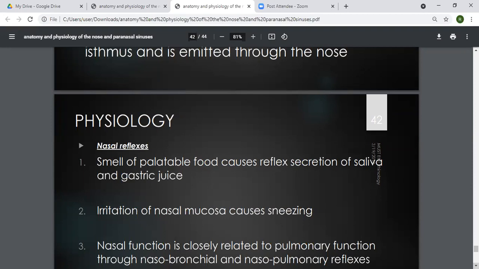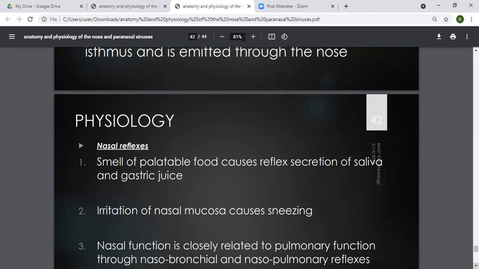Can someone survive without sinuses? When we are born, we don't have all the sinuses. And of course, in some cases we have what we call hypoplastic sinuses, meaning they're either too small or poorly formed.